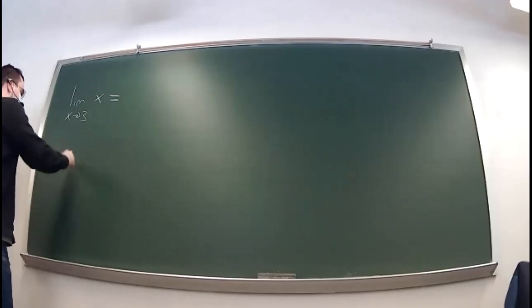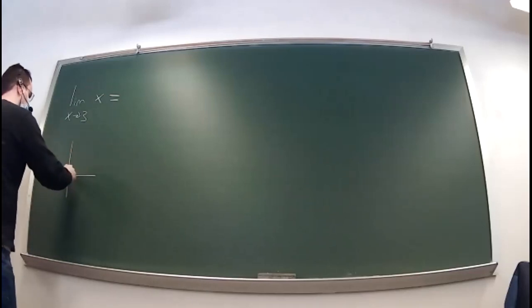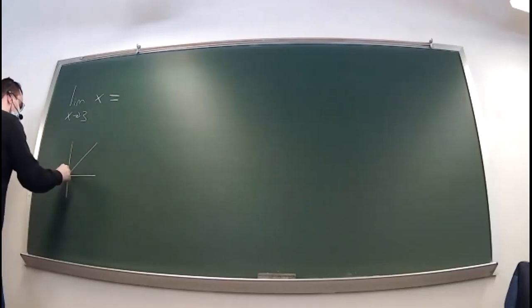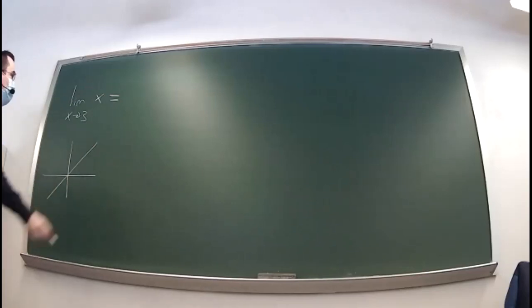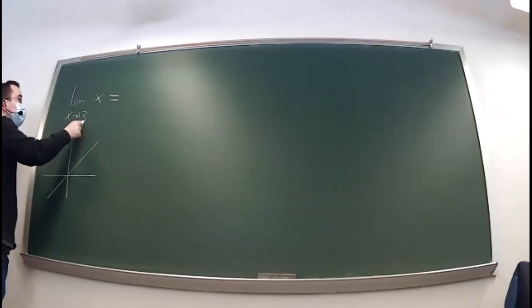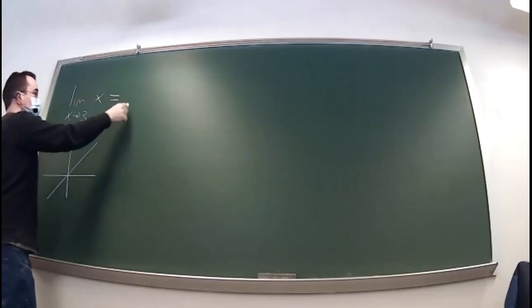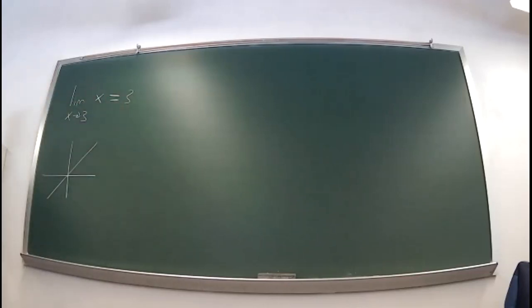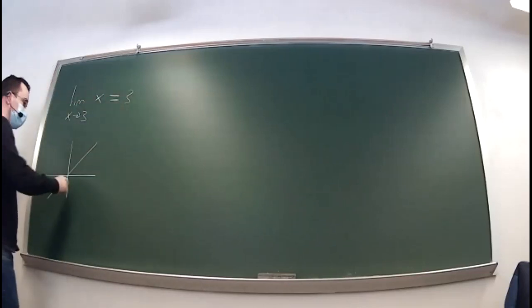This is one of the simplest questions you could ask. Like you draw the graph of y equals x. So algebraically, certainly you know that if x is tending towards 3, then x tends towards 3. So there's no problem with that.